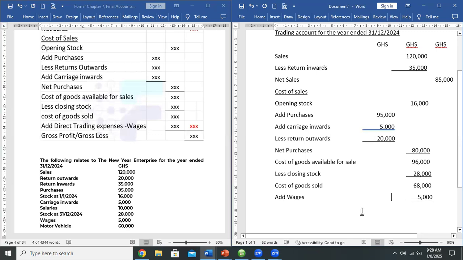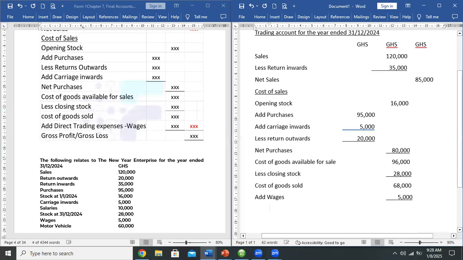So the 73,000 will be pushed to the third column under the net sales. Okay. $73,000. So you now see that it's your net sales versus your cost of sales here.